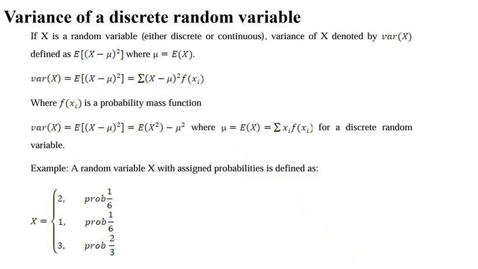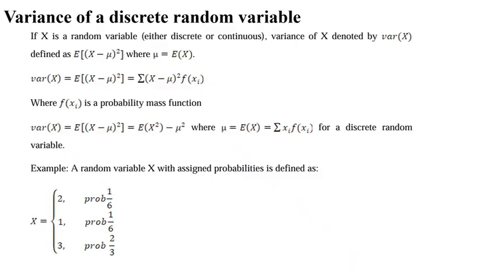So if we expand our variance of x, which is E of x minus mu squared, since the square is covering the bracket of x minus mu, it will be E of x squared, then minus mu squared, because the expectation of any mean is equal to the mean.